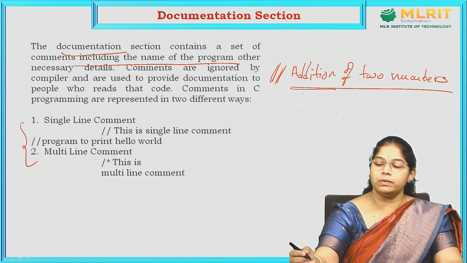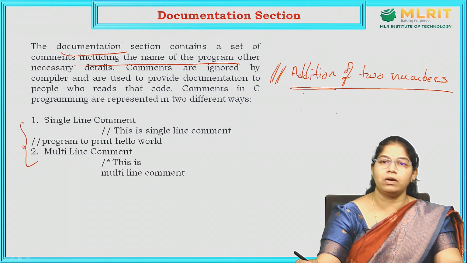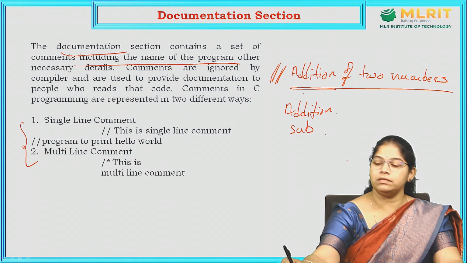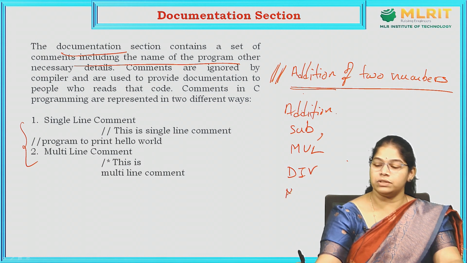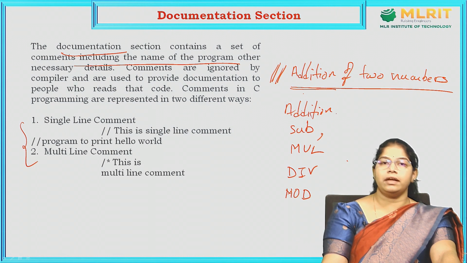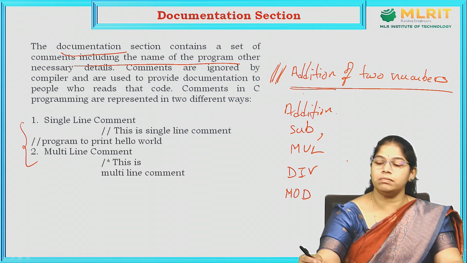Let us suppose in my program I am performing all arithmetic operations like addition, subtraction, multiplication, division and modulus. I cannot include this in a single line comment, so I am using a multi-line comment.